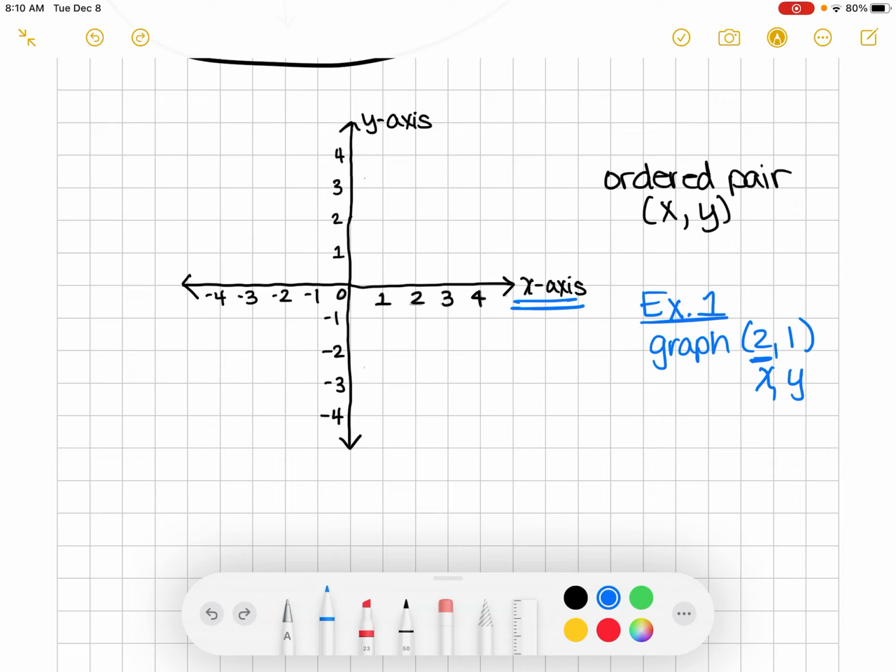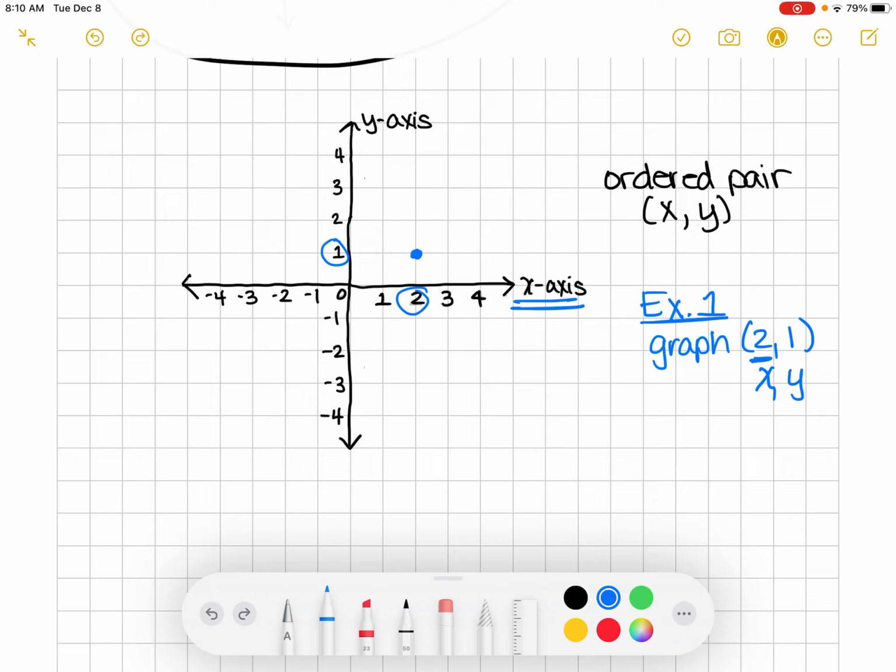I'm going to go to 2, and then I'm going to go up to the 1 on the Y-axis. So here are my two numbers, 2 and 1. I'm going to go up and right where those lines cross. Now see why I had to put the numbers on the lines? Because that's where I'm putting the dot, where these lines intersect. Okay, so that's my example 1. That's all I have to do, graph (2, 1).